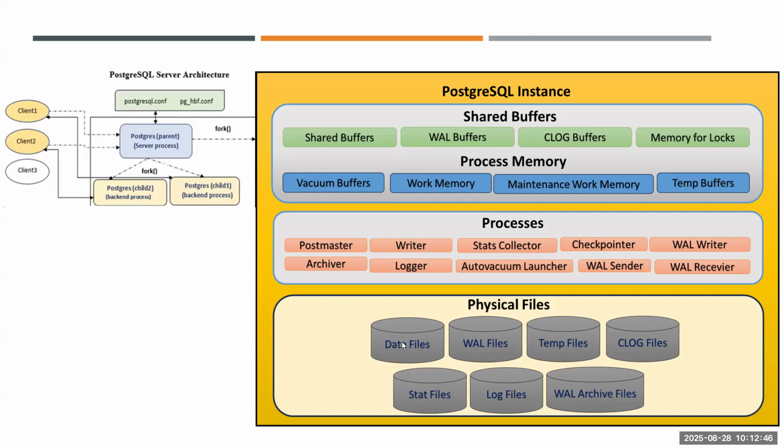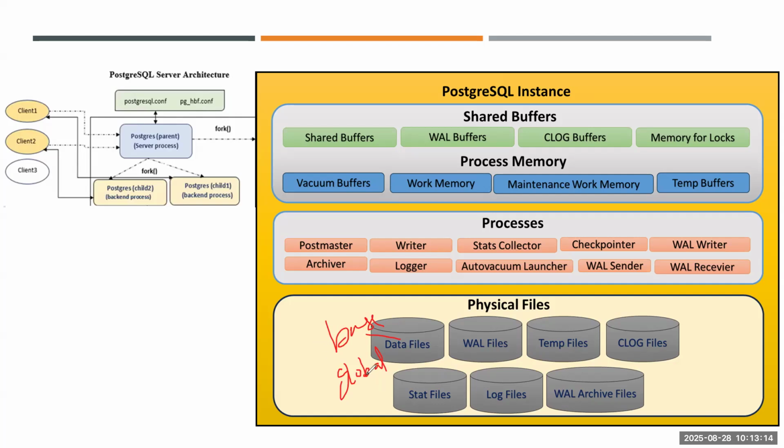The data file directory by default contains two directories: one is base, one is global. These two directories are created once you build the cluster, and they contain the physical data.